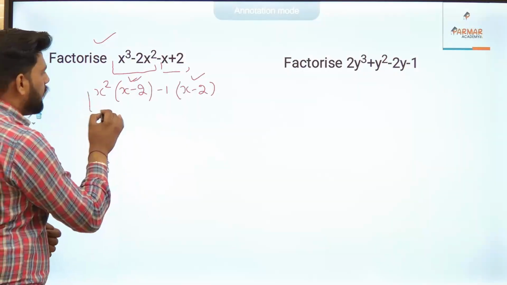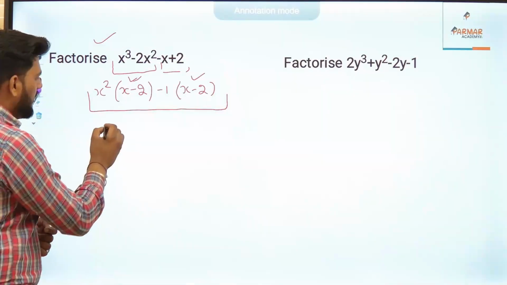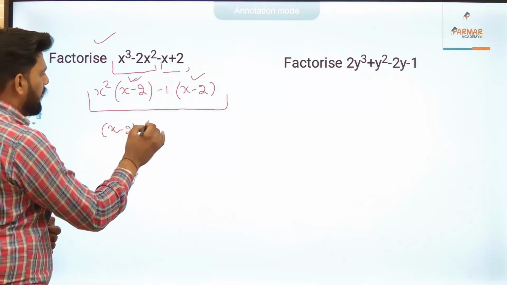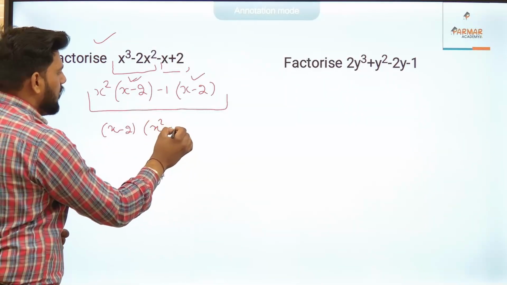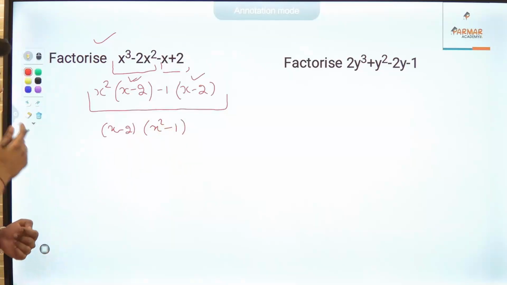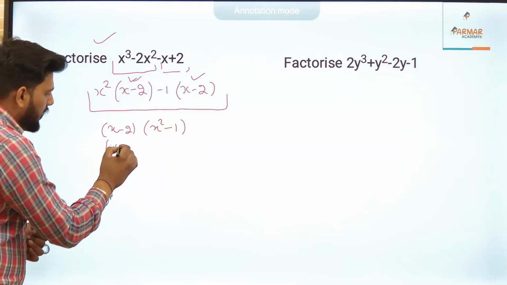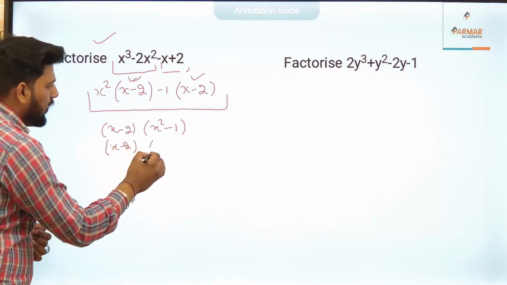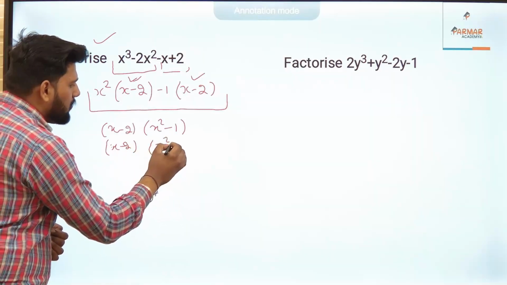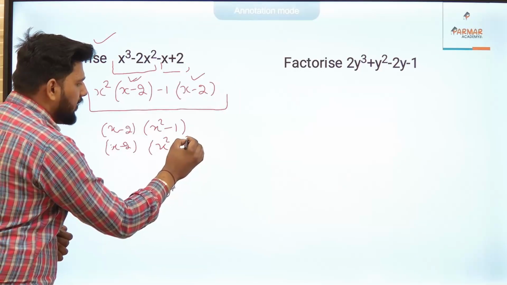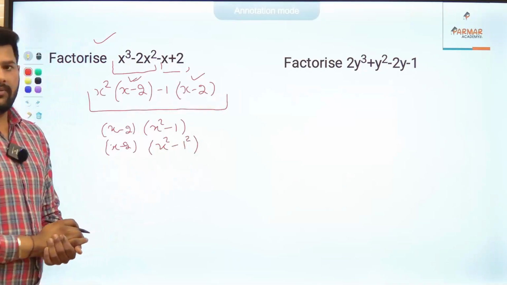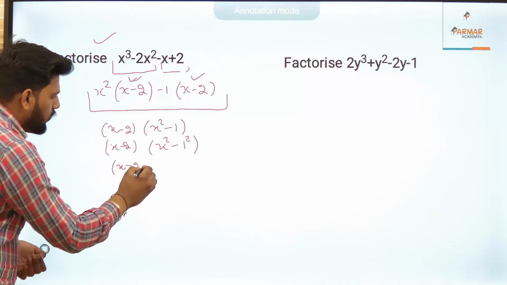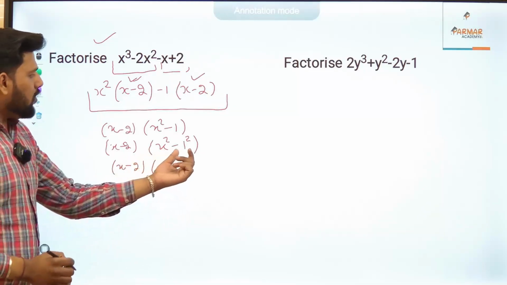Now what is common from the whole expression? That is x minus 2. I will be left with x square minus 1. Now x minus 2, I can write x square minus 1 as x square minus 1 square. Next is x minus 2. This is a square minus b square.